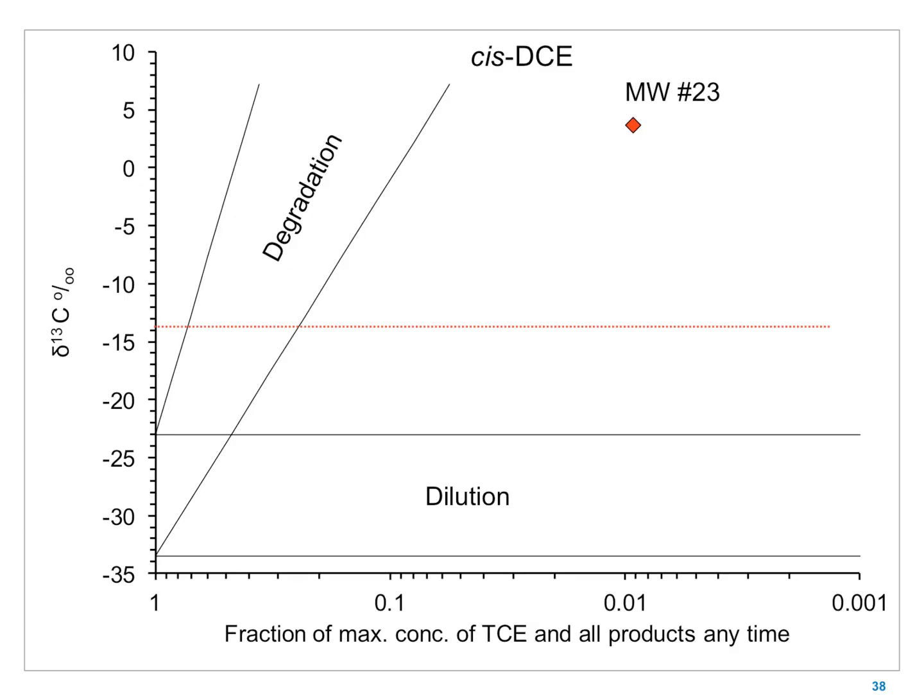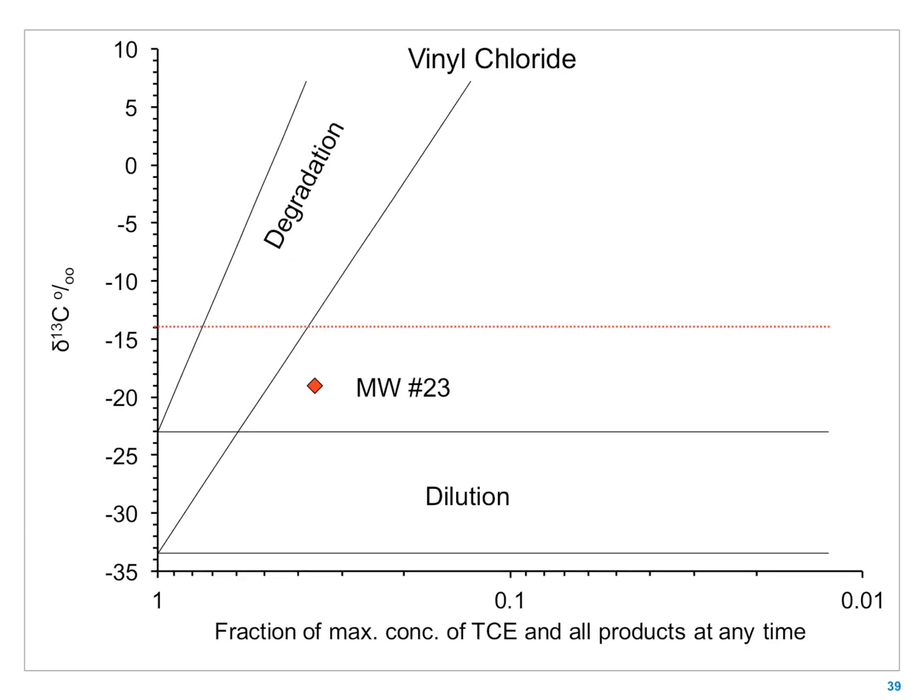Okay, now let's go to 39. You'll notice that vinyl chloride shows the same pattern, maybe not quite as much dilution and dispersion because the degradation space is wider. But it shows that if there is no competing degradation pathway besides biological reductive dechlorination, about half of the removal is caused by dilution, half of it's caused by the bugs.